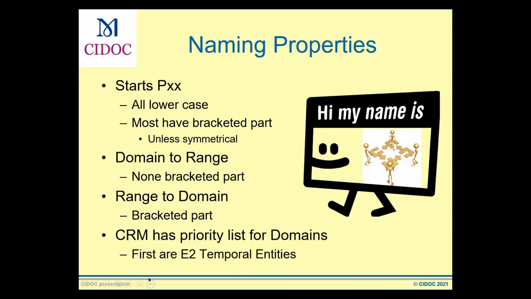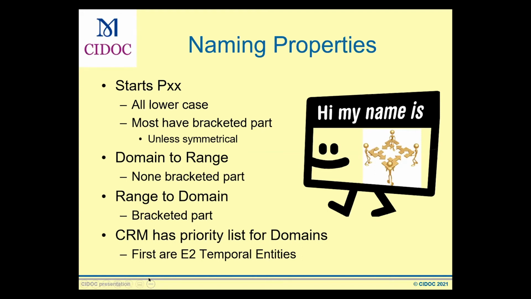So they'll always have a bracketed part unless they're symmetrical, in which case the same phrase applies in either direction. When you read from domain to range, from the starting class to the target class, you read the non-bracketed part, and if you're reading it backwards, you read the part in brackets.